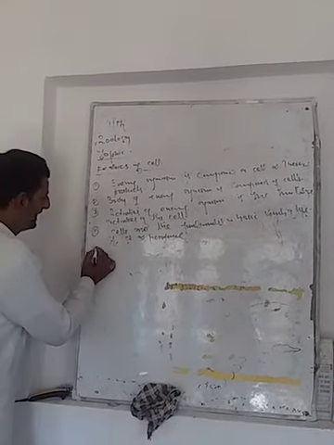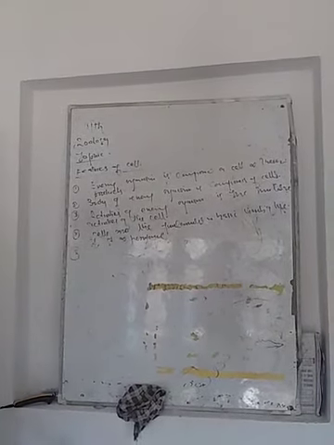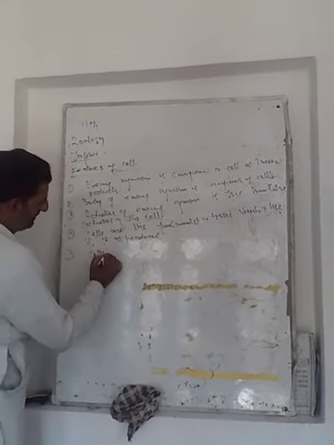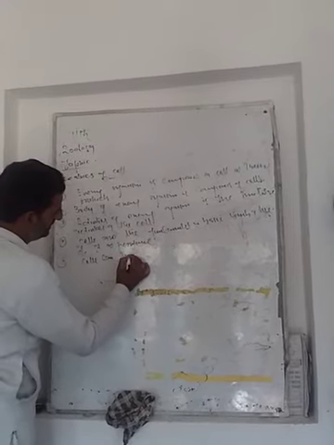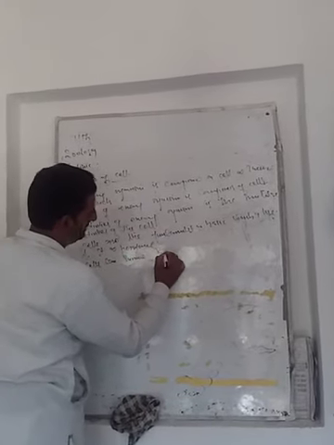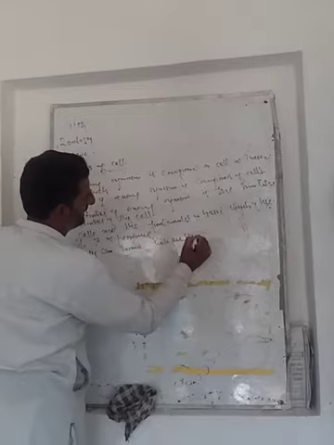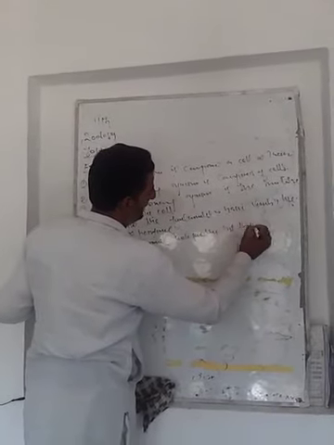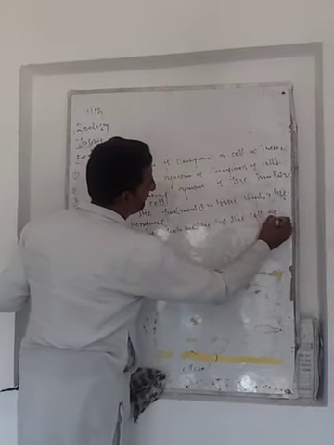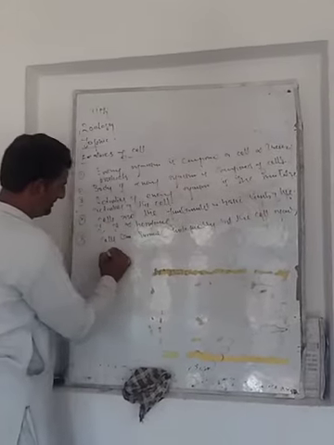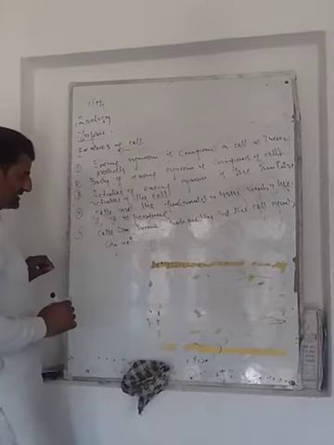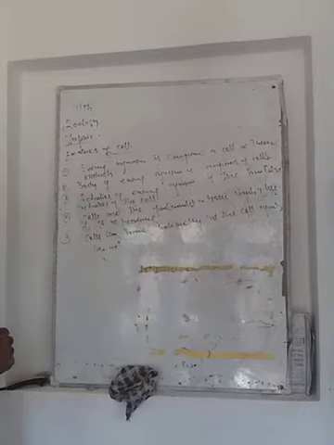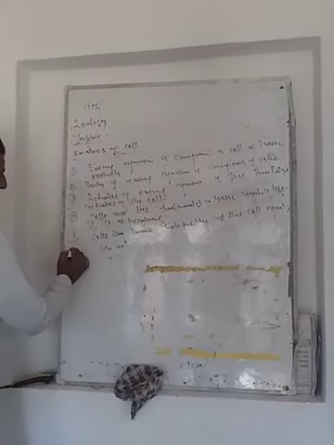The next feature is that cells can survive independently, but the cell organelles cannot. That means cells can survive independently, but the cell organelles cannot survive independently.